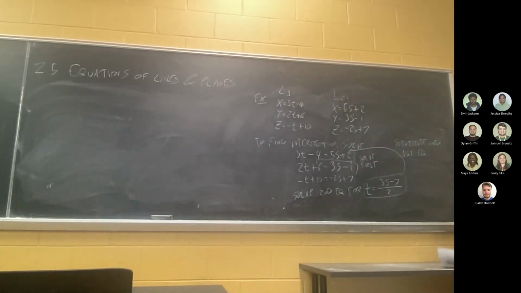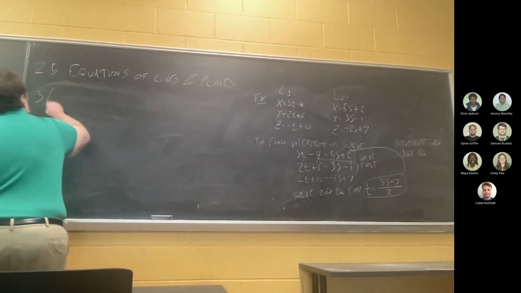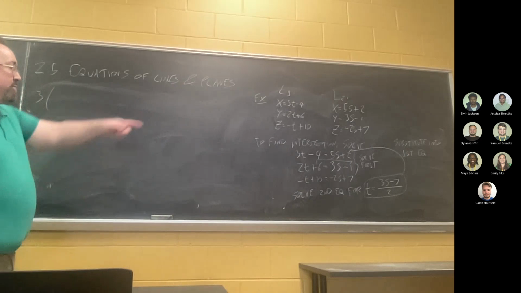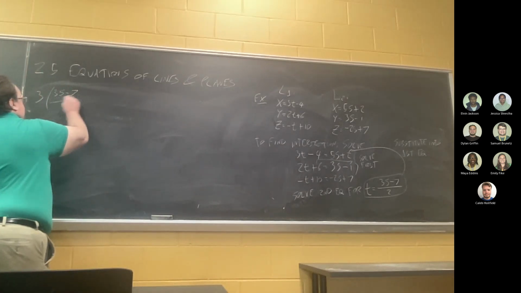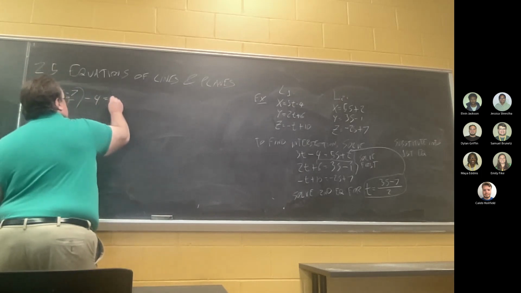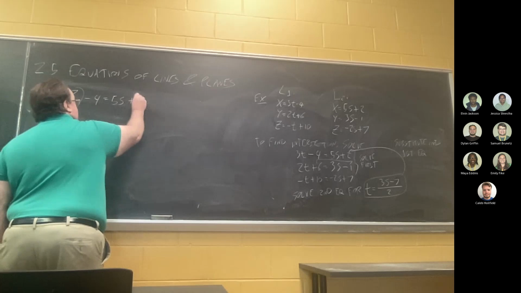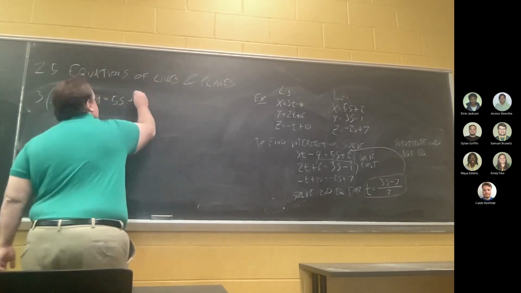So if I rewrite that first equation, but instead of writing t, I write the expression that I have for t: (3s minus 7) over 2, minus 4 equal to 5s plus 2.